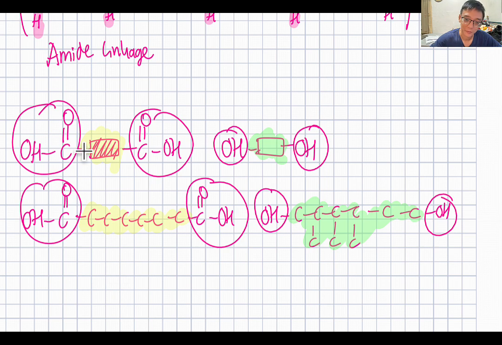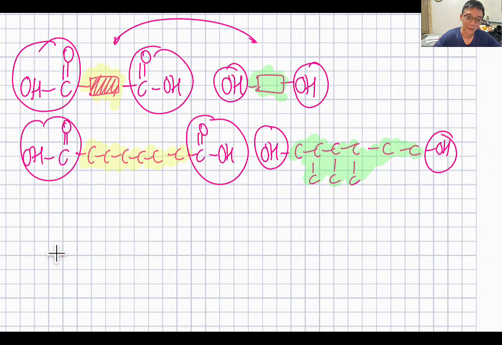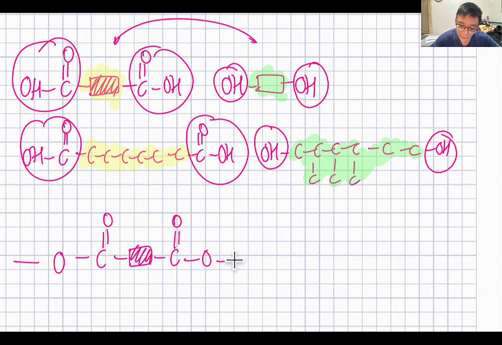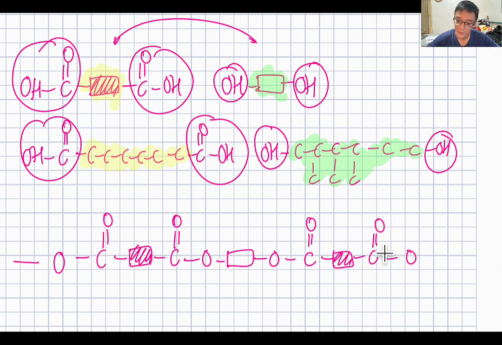So if you are asked to draw, let's say, a polymer between these two, then you can just draw, for example, something like the oxygen loses hydrogen, C double bond O, then black box, then C double bond O, O, then white box, O, then I think C double bond O, black box, C double bond O, and then oxygen, because oxygen is the connecting part, and so on.